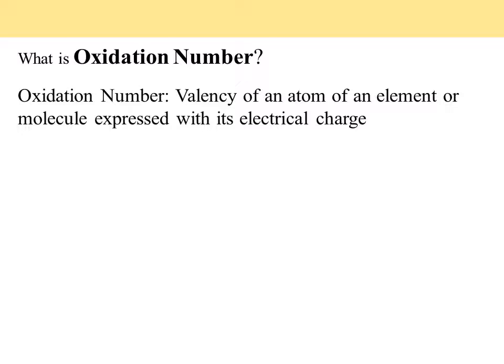That means it gives an idea of how many electrons are there to participate in a reaction to form a chemical bond. One electron can participate, or 2, or 3, or 4, or 5, or 6. So it's a quantitative number.